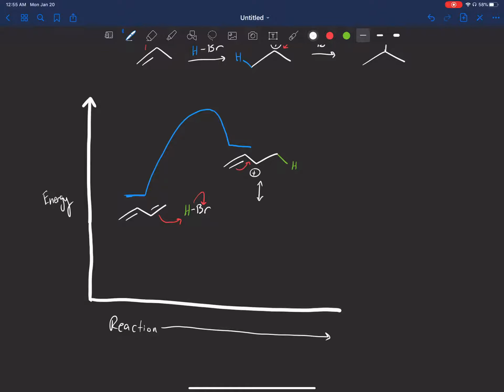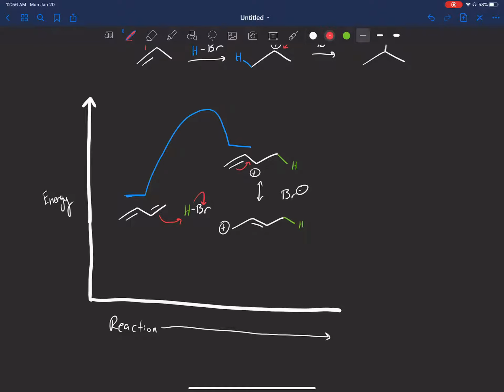So this intermediate can resonate the double bond here, like we just discussed, moving the carbocation over this way. And here is our hydrogen. All right, and so keep this resonance in mind. Now we still have our Br minus.